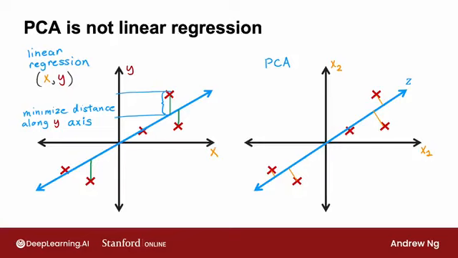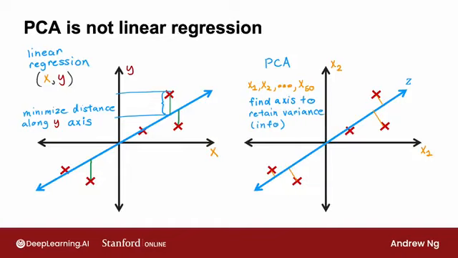Whereas in PCA, you can have a lot of features, X1, X2, maybe all the way up to X50 if you have 50 features. And all 50 features are treated equally. And we're just trying to find an axis Z so that when the data is projected onto the axis Z using these line segments, you still retain as much of the variance of the original data as possible.